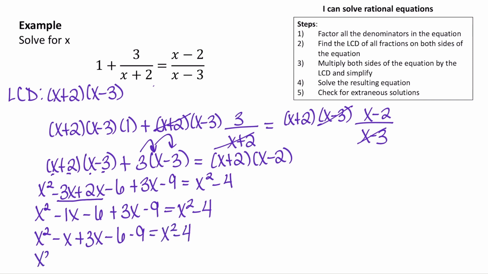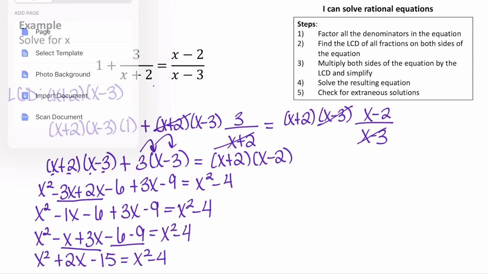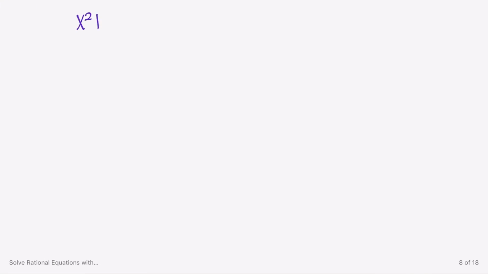So let's simplify this. We have x squared minus 3x plus, minus x plus 3x is going to be plus 2x. Minus 6 minus 9 is going to be minus 15. And that equals x squared minus 4. So we have now x squared plus 2x minus 15 equals x squared minus 4, right? Which was what we had in our problem.